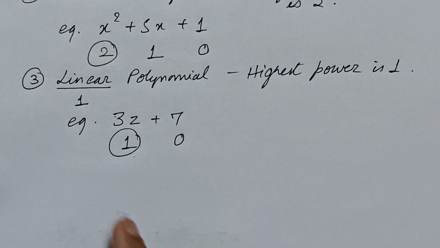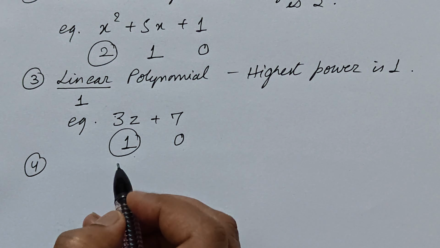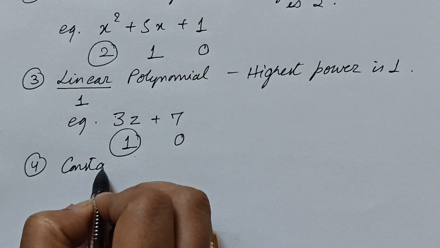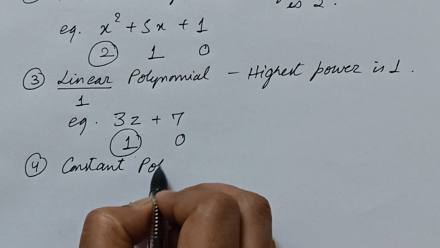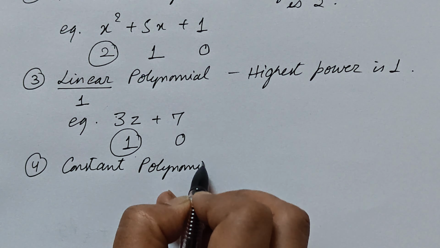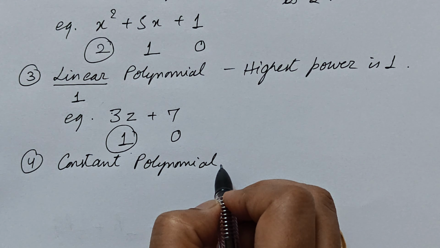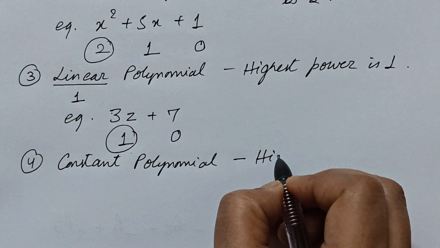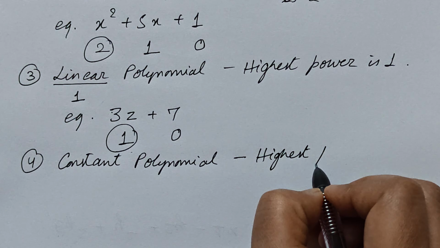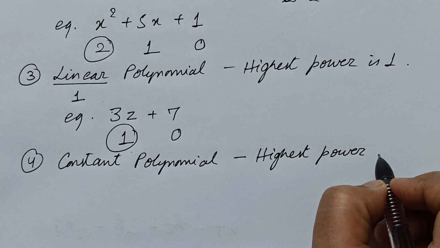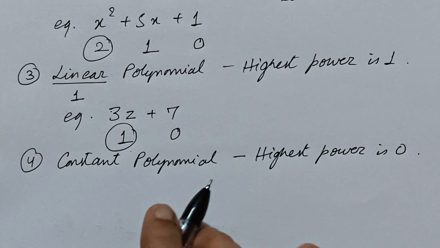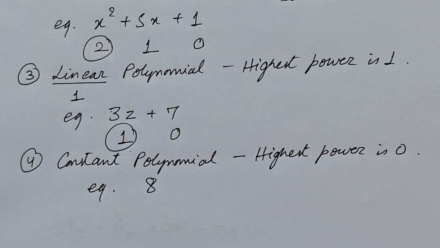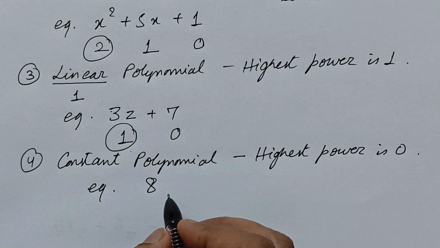Okay. Lastly, we will see constant polynomials. Here, constant means the highest power is 0. If any expression is, for example, just 8, the power is 0.